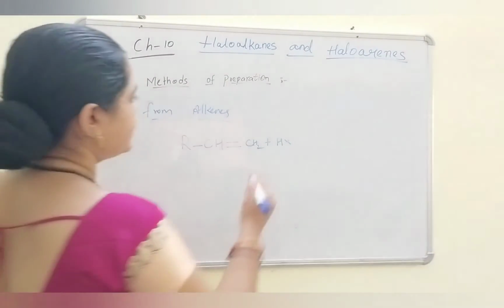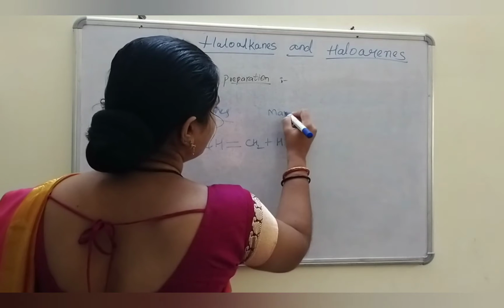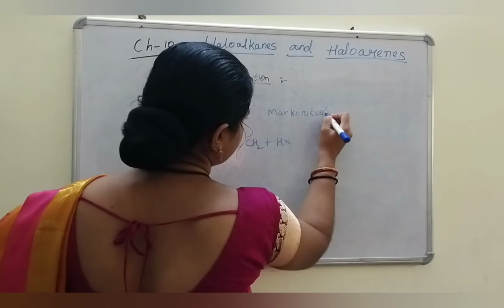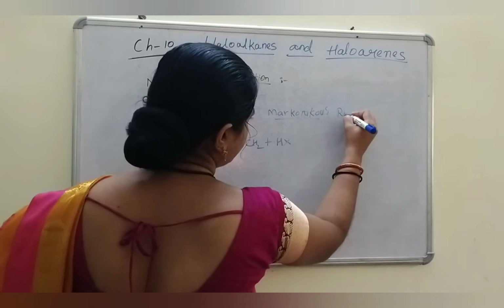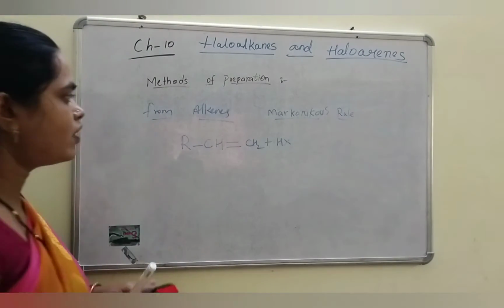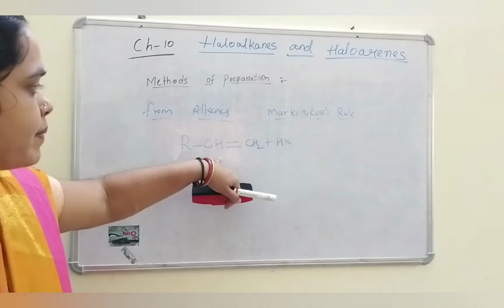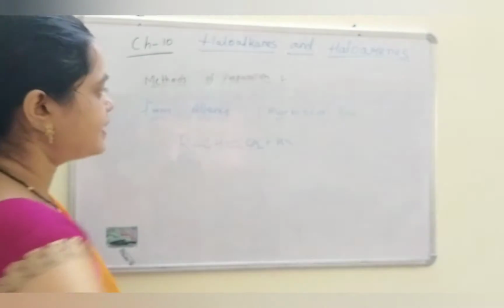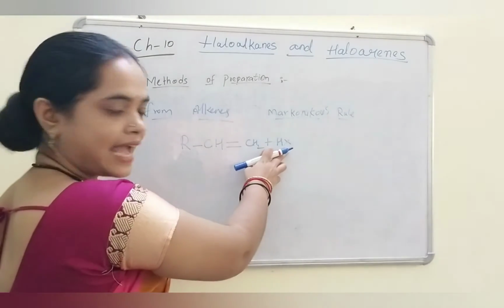This is very important, that is Markovnikov's rule. Here we see what happens when unsymmetrical alkenes are treated with hydrogen halides.